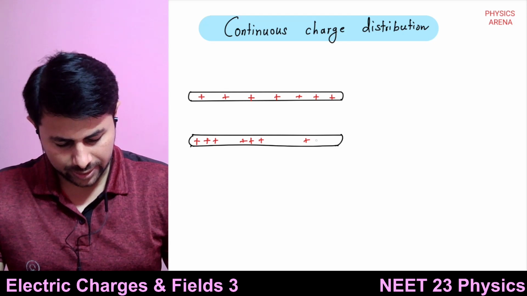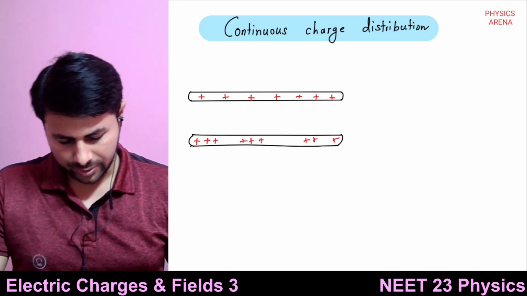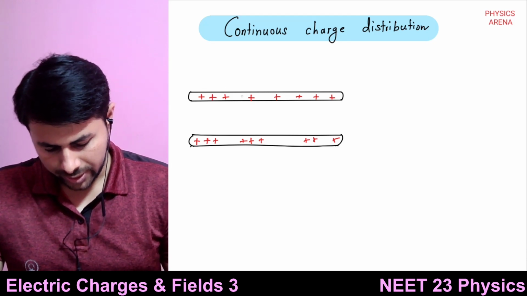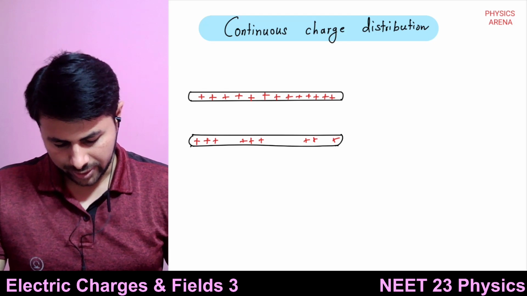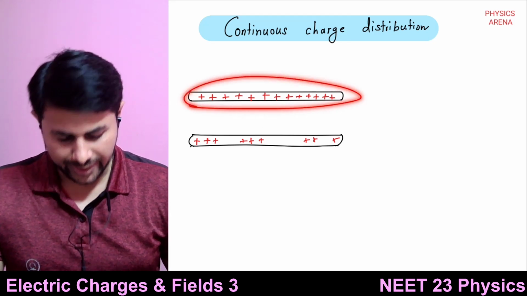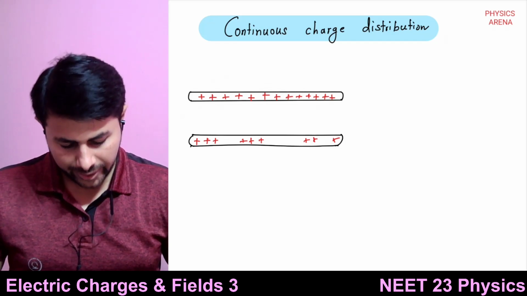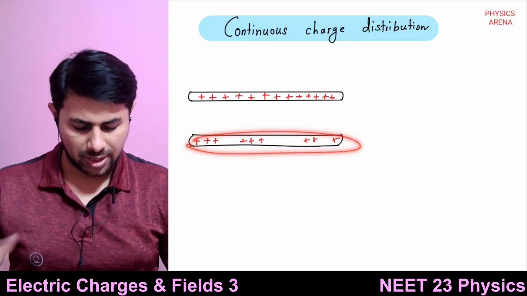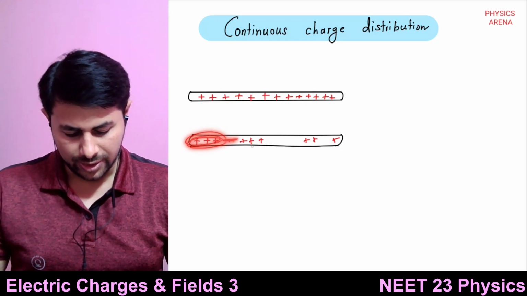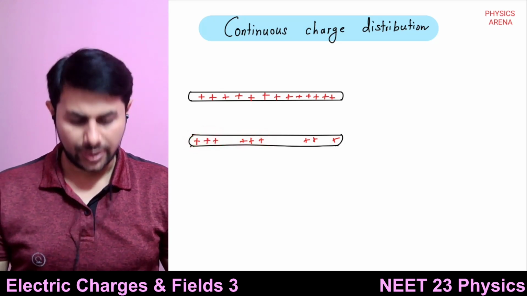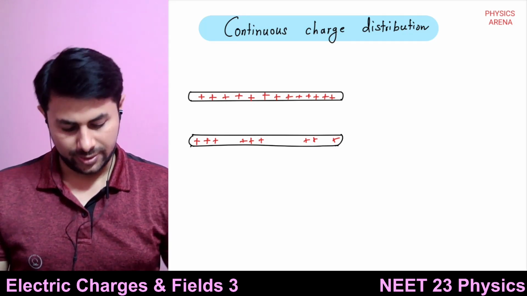In the first case the charge is equally distributed everywhere, and in the second case charge is present in bits and pieces.